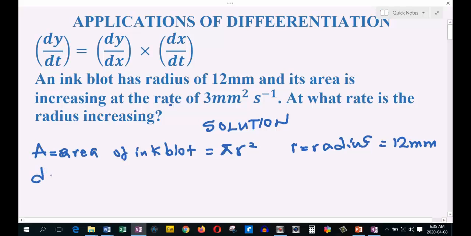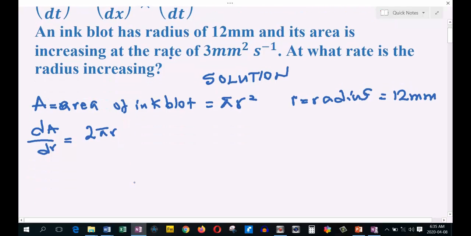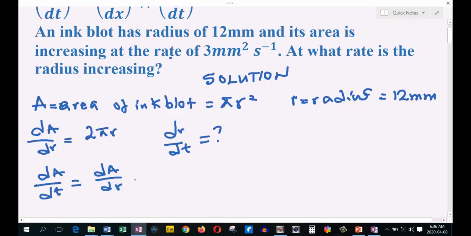Our change in area with respect to the change in radius, dA/dr, is 2 pi r. Now the question says we should find the rate at which the radius is increasing, dr/dt. We do not know, but we know that dA/dt, from the equation given above, is dA/dr times dr/dt.